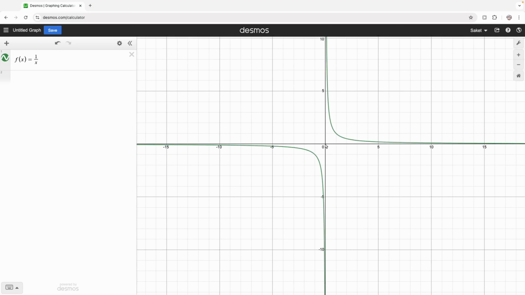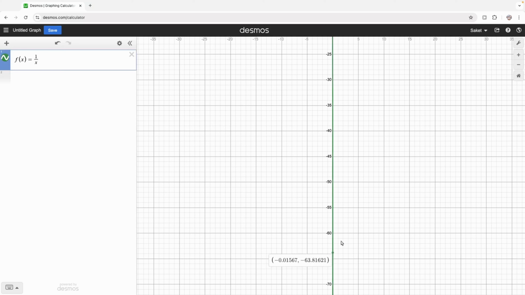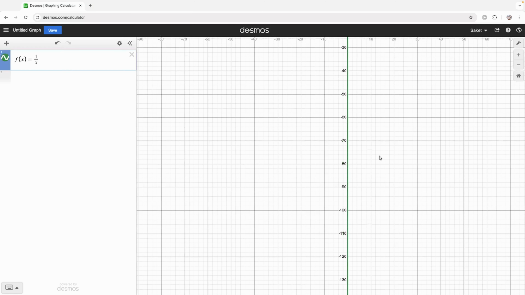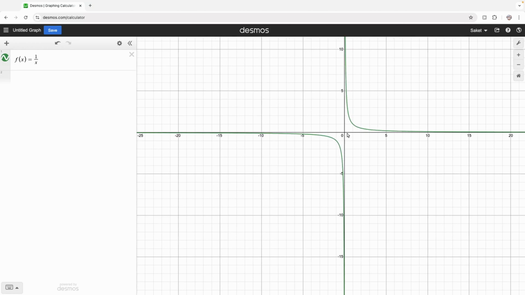And so, looking at A, the limit as x approaches 0 from the left-hand side of f of x, we see that as we're approaching 0 from the left-hand side, we're getting closer and closer to negative infinity. We just keep going down to negative infinity. So that is our value for part A.